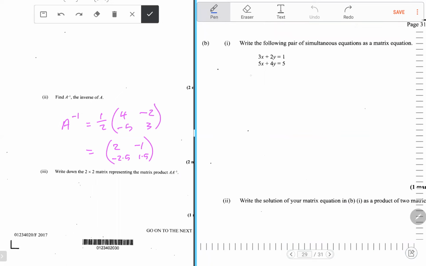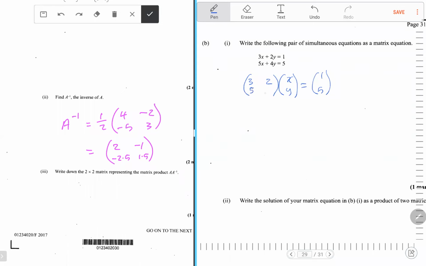So this is going to become a 2 by 2 matrix times the column matrix (x, y), because you have the x value followed by the y value, equals a column matrix (1, 5). The 1, 5 comes from here.